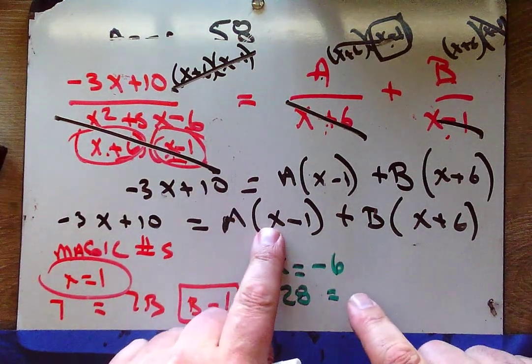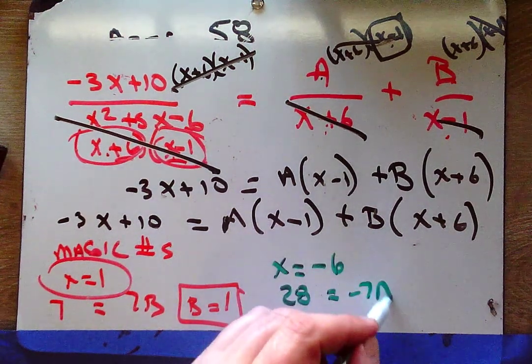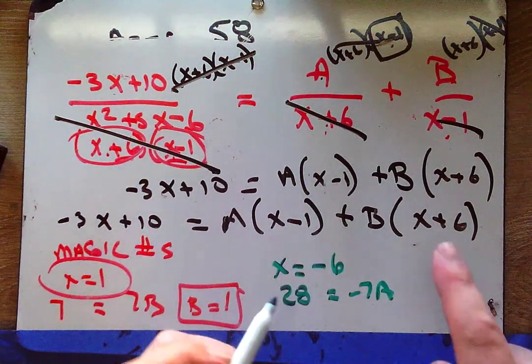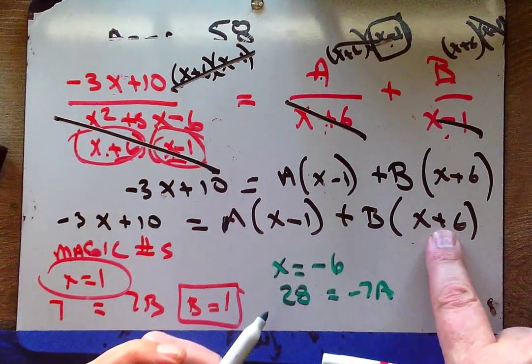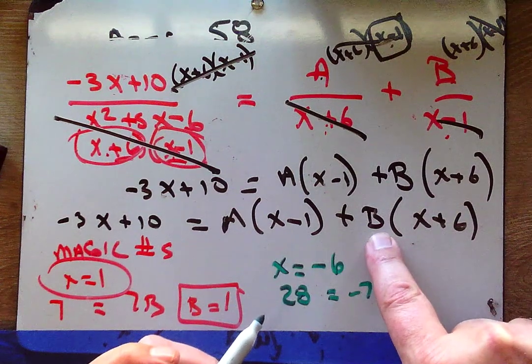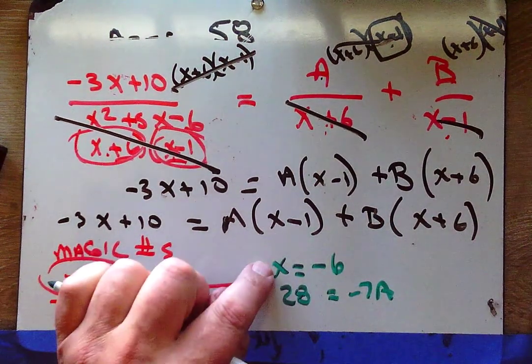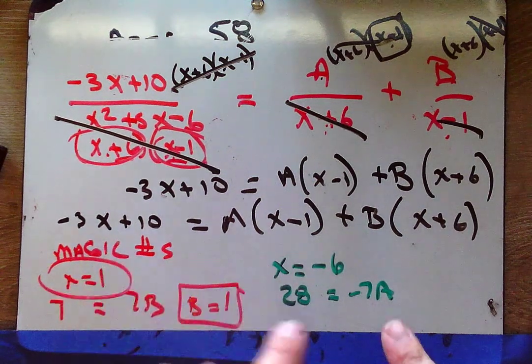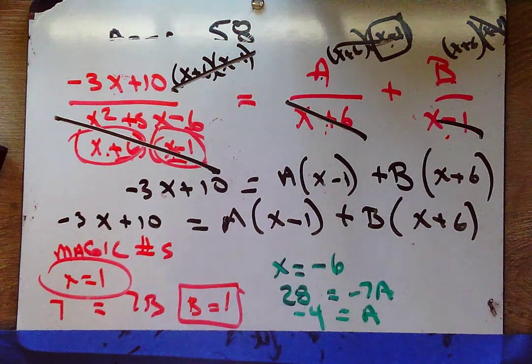And over here, if I plug in a -6, -6 minus 1 is -7. Don't forget times a. And here, if I plug in a -6, -6 plus 6 is 0. 0 times b is 0. We made the b disappear by plugging in this magic number. When I divide both sides by -7, I get that a is -4.